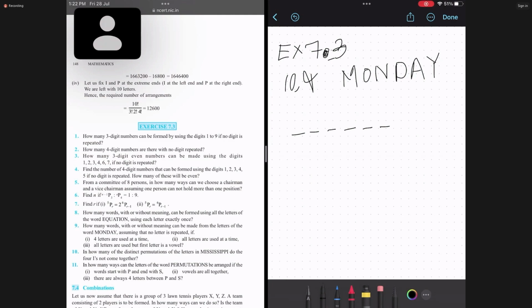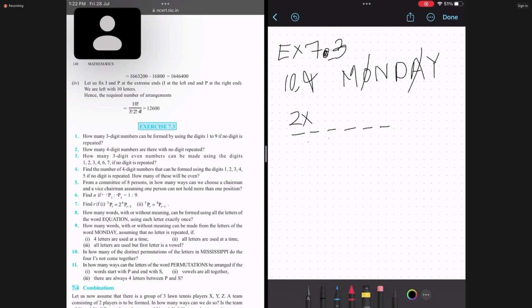As we know, we have O and A as vowels in our word. So the number of ways that we can fill up the first letter is 2, correct?